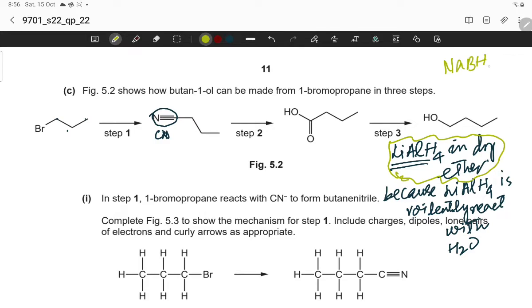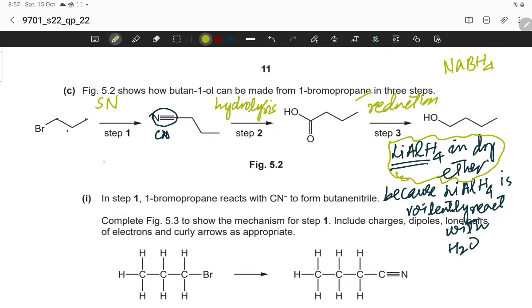NaBH4 is not used to convert carboxylic acid into alcohol. So this is reduction, and step 2 is hydrolysis, and step 1 is nucleophilic SN1 reaction.